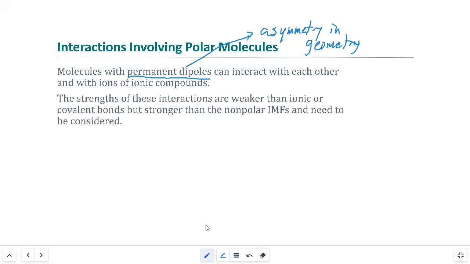Now, it's important to contextualize what that polarity gets us. Again, as far as attraction is concerned, polar forces are going to be weaker than any kind of bonding. We already know kind of the hierarchy of bonding. Ionic bonds are way stronger than covalent bonds. And the reason we know that is we can take any solid that is covalent and we can melt it pretty easily, with some limited exceptions.